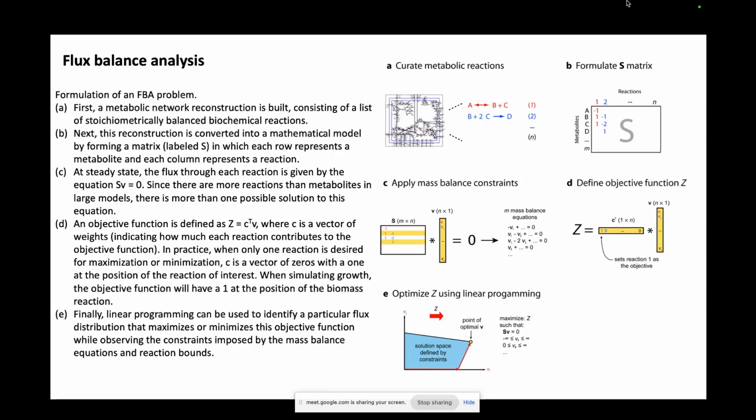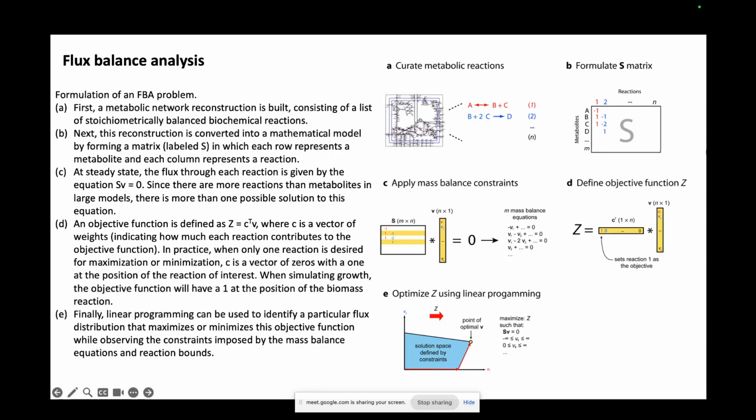This is a simplified workflow of how FBA works. You have a set of metabolic reactions. You curate them from literature, or you get them from your experiment or whatever. You have a set of metabolic reactions, and you make a whole network.